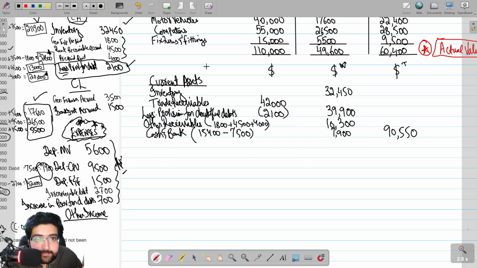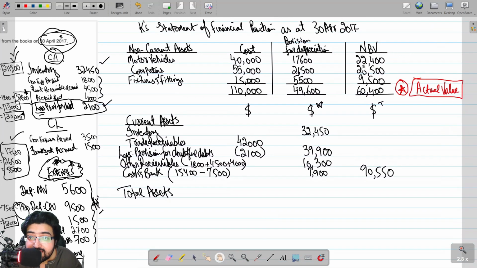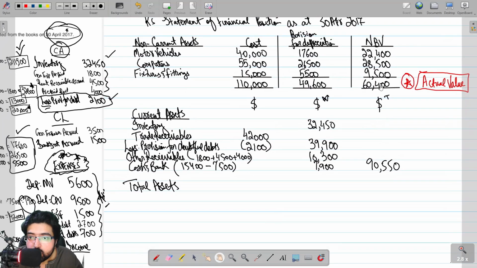Now, I'm done with non-current assets and current assets, so I can write the amount of total assets. How? By adding non-current assets to the current assets. Which value of non-current assets should I pick? The net book value. Okay, I've told you this is the only important actual value.